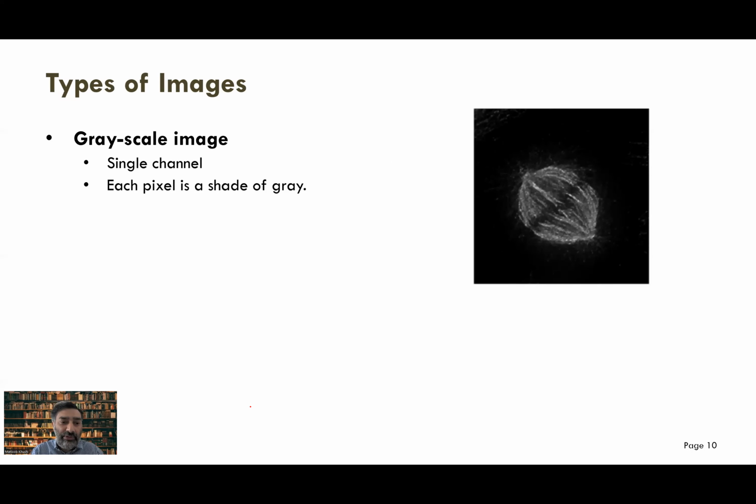A single channel image is called a grayscale image, where each pixel is a shade of gray. So where this is all black, the values here would be very close to 0. Every pixel here has a value either 0 or very close to 0, like maybe 1 or 2 or 3.